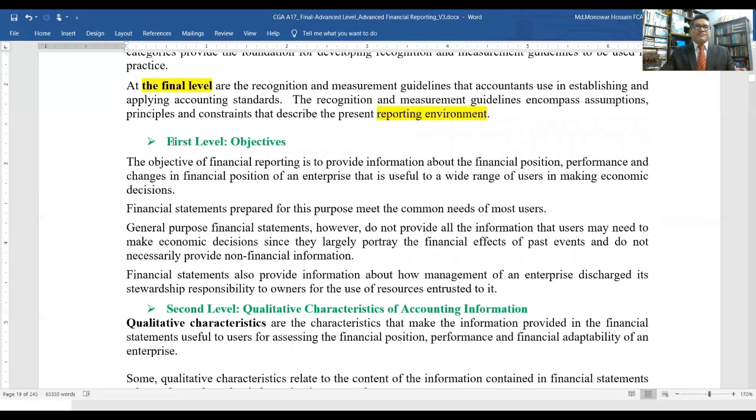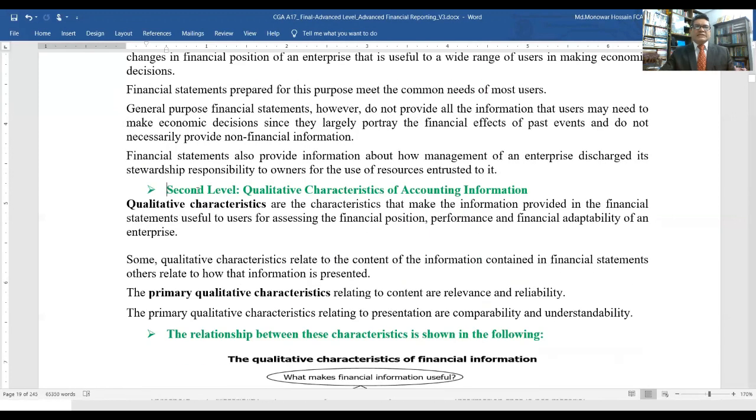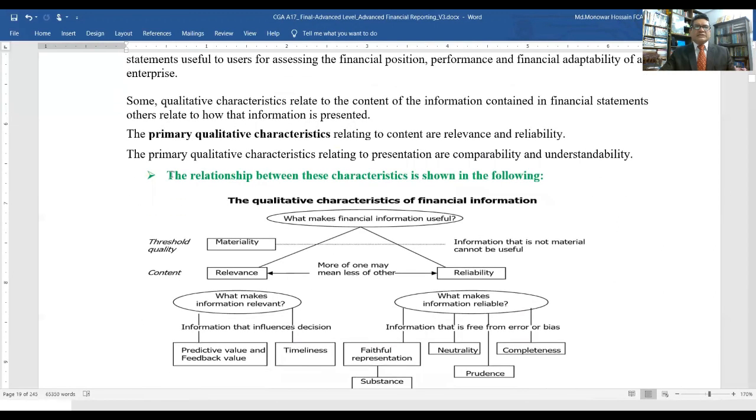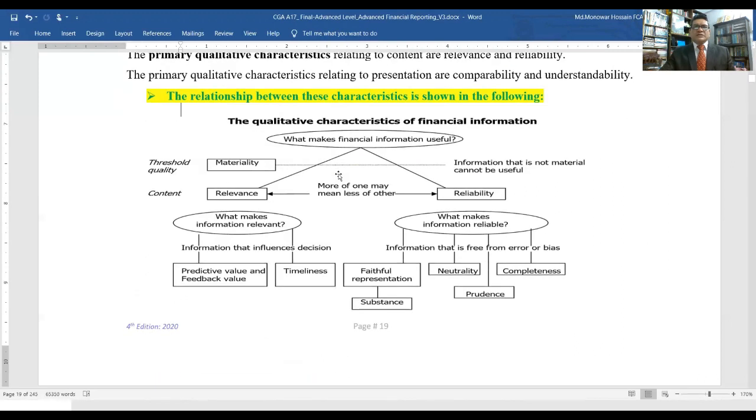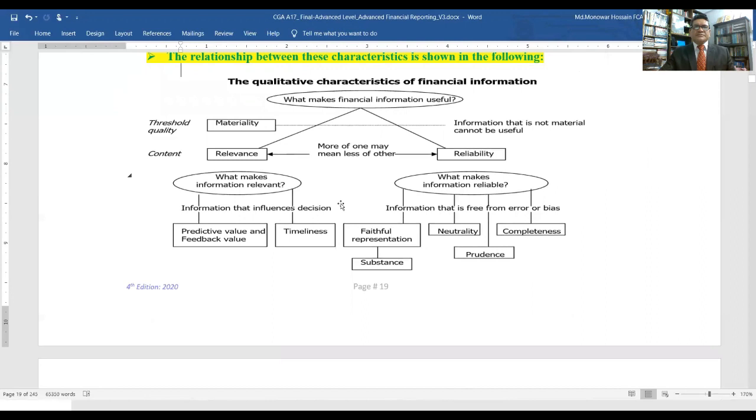So at level 1 we discuss objectives, at level 2 the qualitative characteristics of information, and at level 3 recognition and measurement.